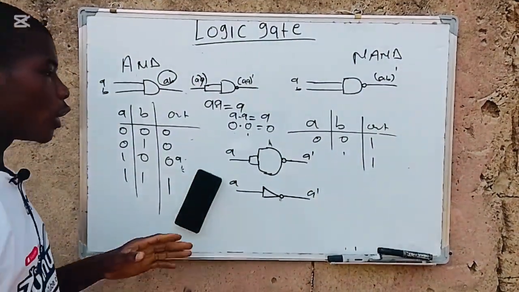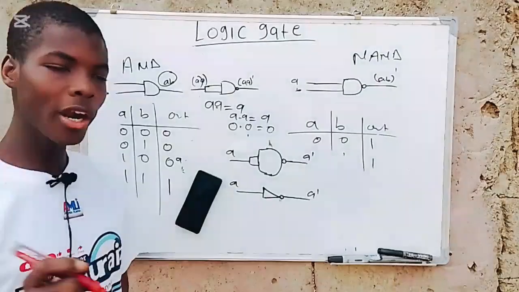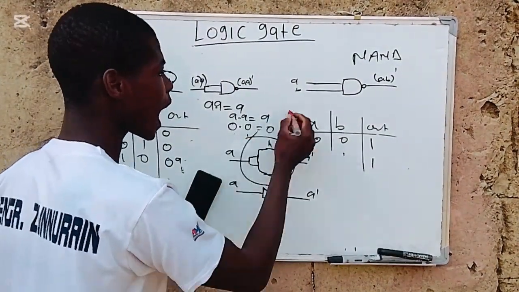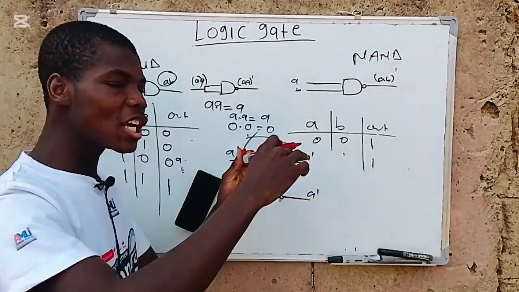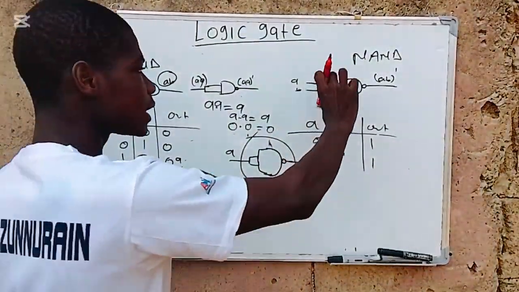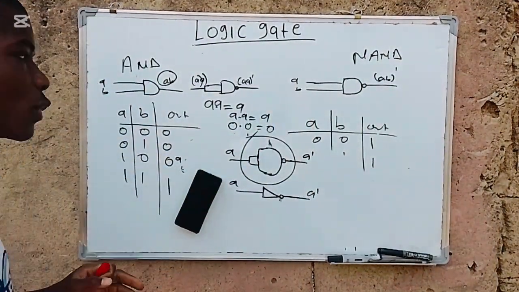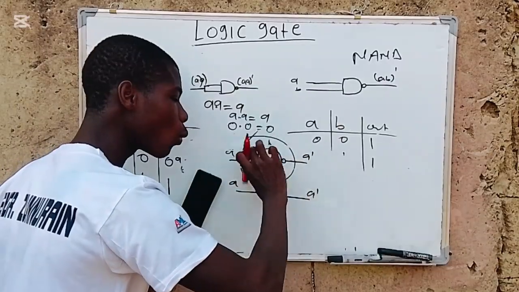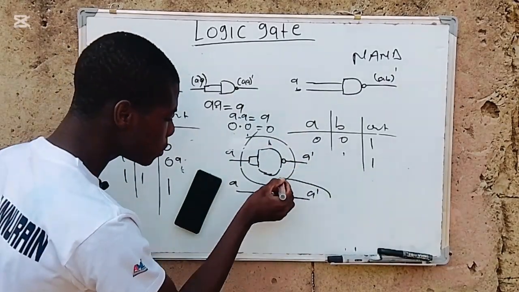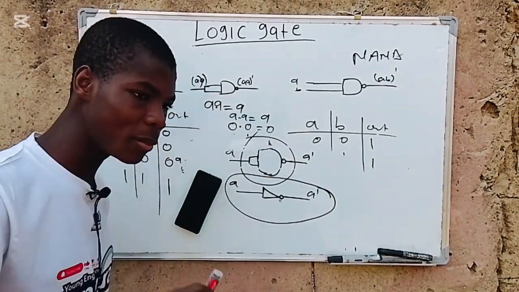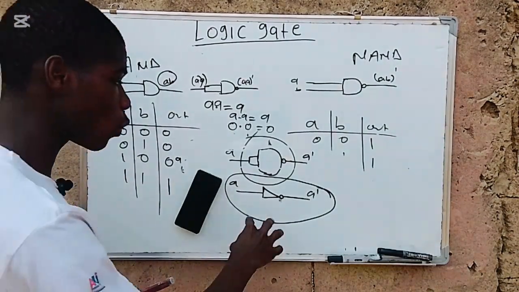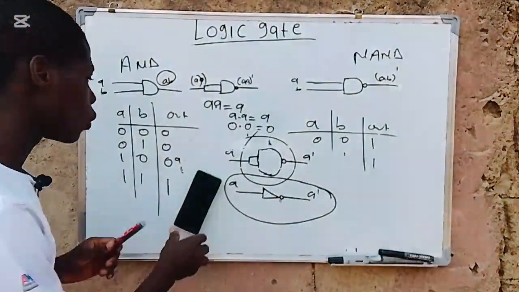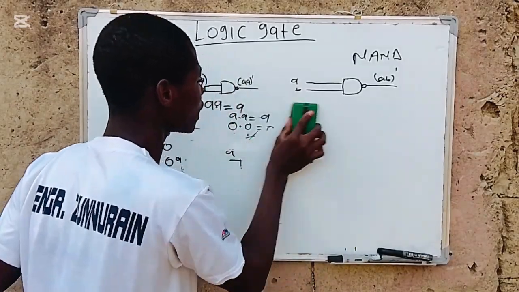So no need of leaving it with the sign for NAND, because it is no longer NAND: it has two inputs, but now we're dealing with one input. So it comes back to NOT. This is your result.